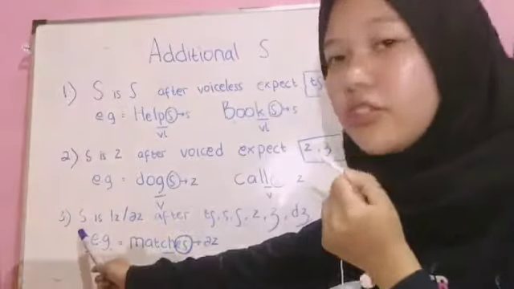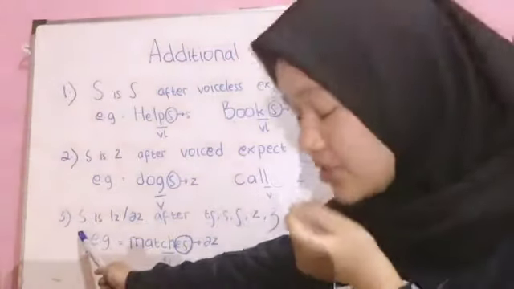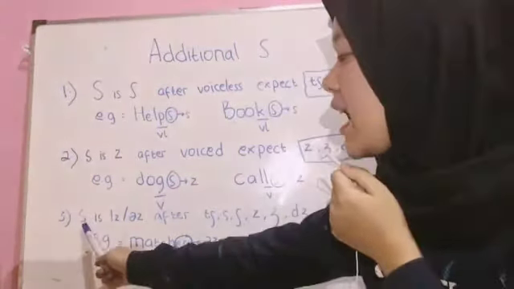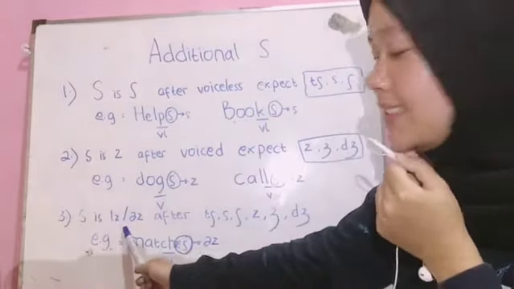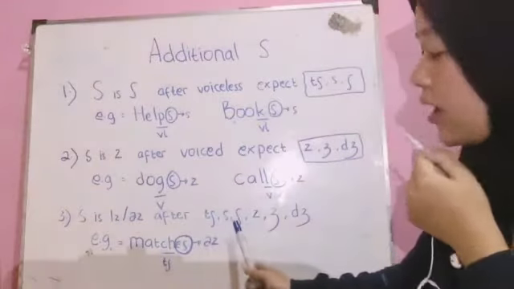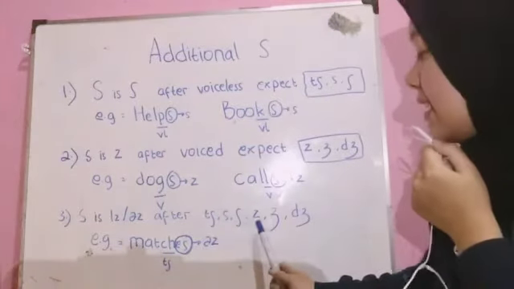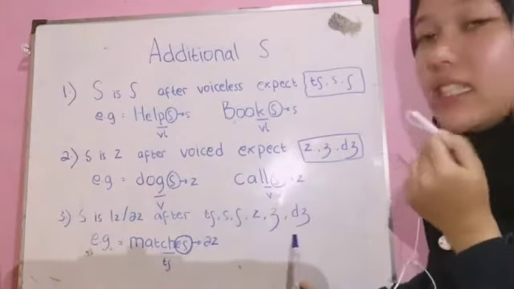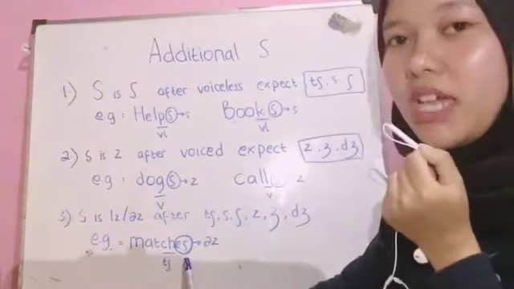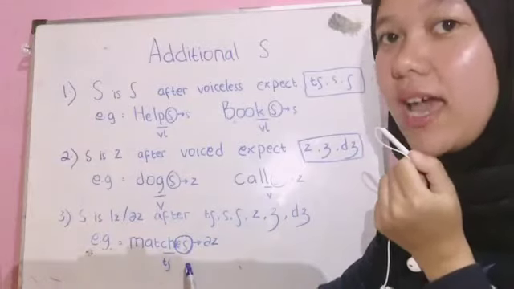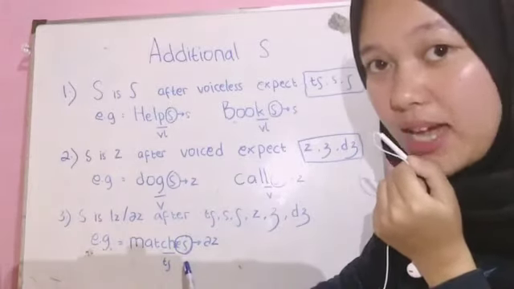And rule number three is s as iz after ch, s, sh, z, j, and j. For example, matches.